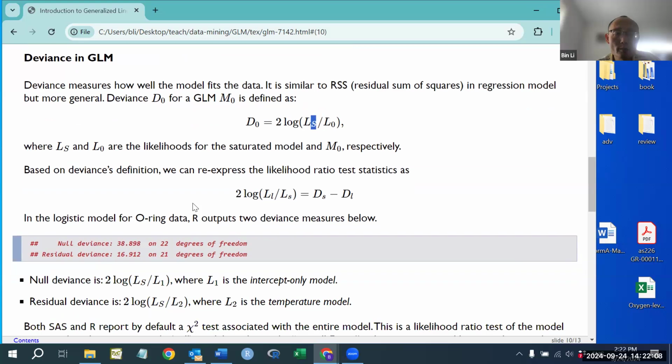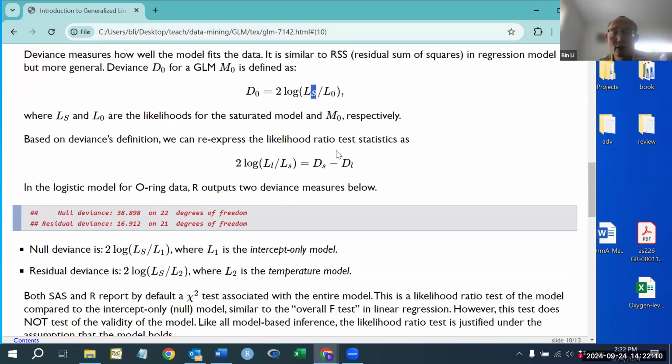Now let's say we have two models, a large model and a small model, with the lowercase s. The likelihood ratio statistic can be re-expressed through the deviance, isn't it?